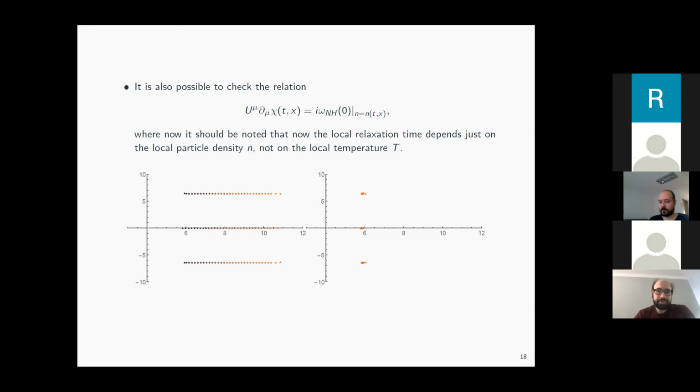But in this case you're scaling the relaxation time also with tau, so it somehow kills off these non-perturbative exponentially decaying modes. I think that's what's going on here.